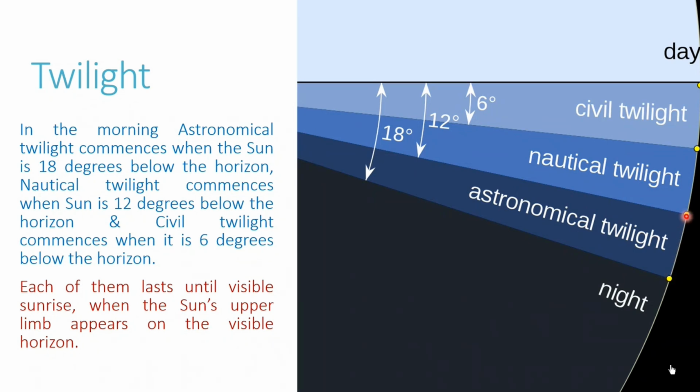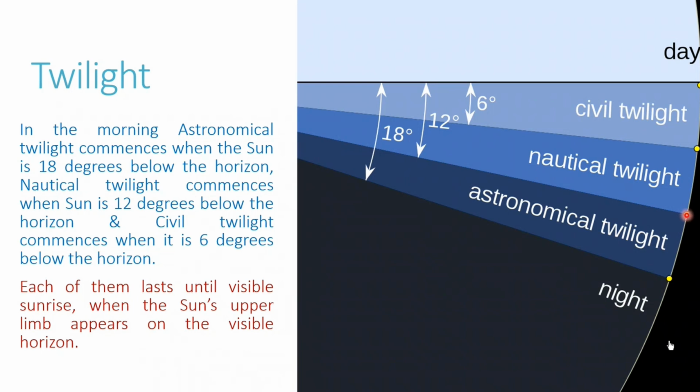With the sun more than 12 degrees below the horizon, there is very little light, so the horizon may not be very clear to us.